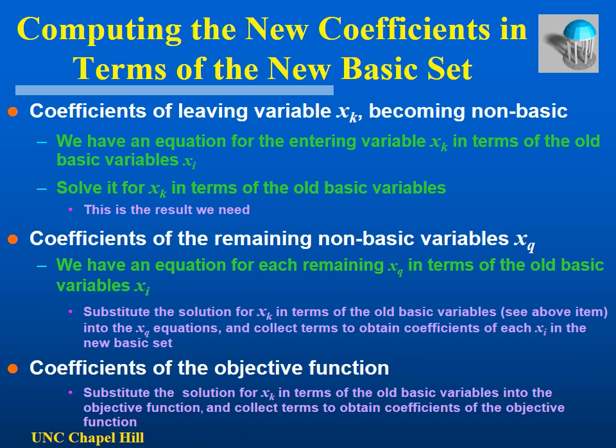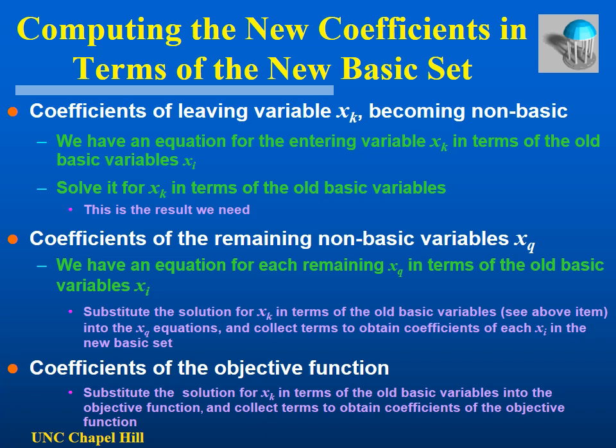This slide shows how each one of those computations goes. First, let's consider the coefficients of the leaving variable in terms of the new basic variables. This leaving variable has become non-basic, and therefore we need to write its constraint as an equation.